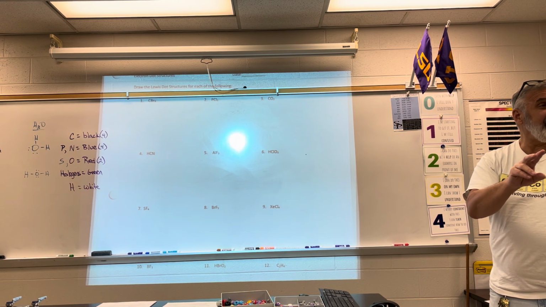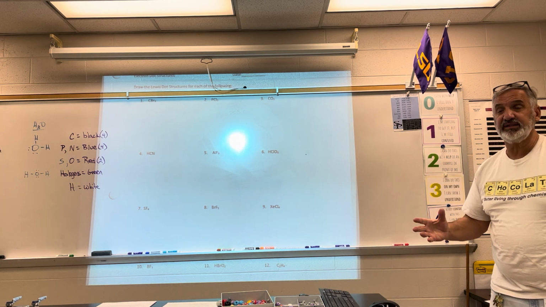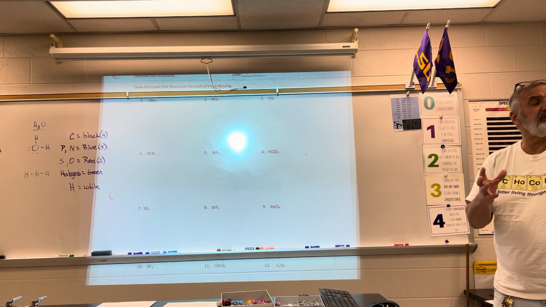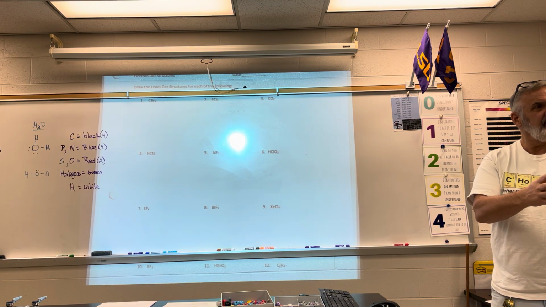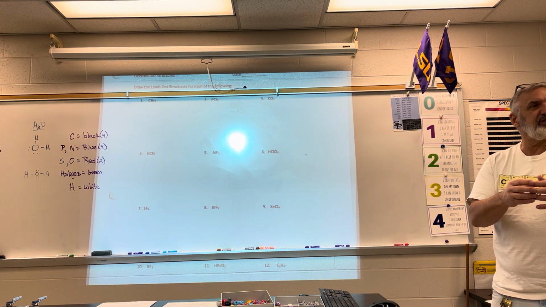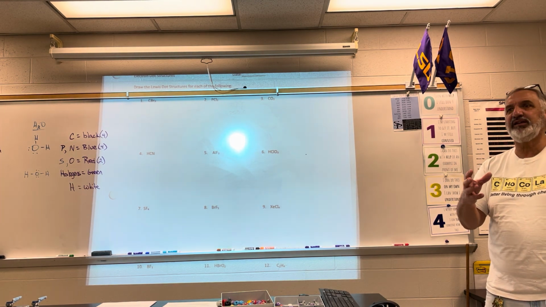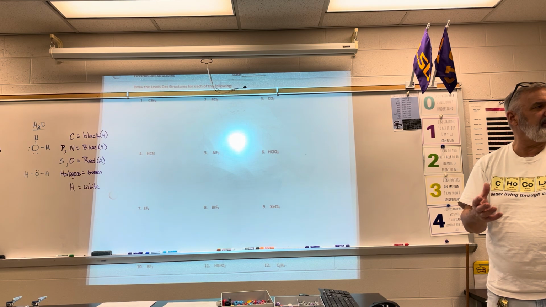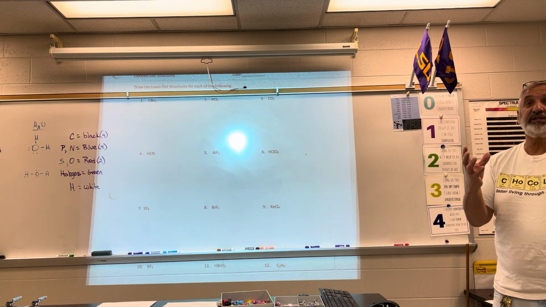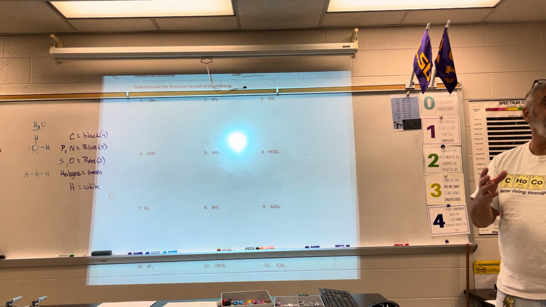After we review this, we're going to start talking about how the shape affects the properties, and then about molecules being polar or non-polar. Are they going to have a positive and negative end, or are they going to be evenly distributed with the charge? That's going to be huge as far as their properties.